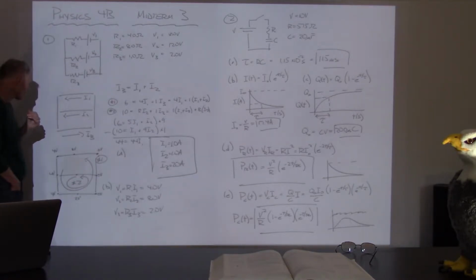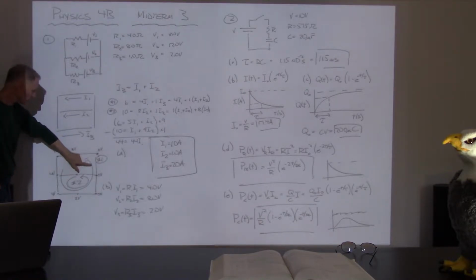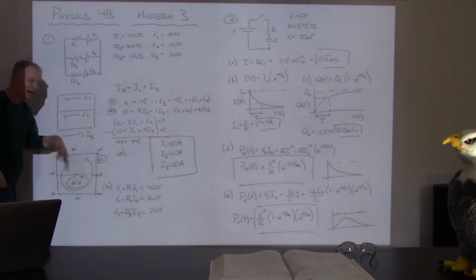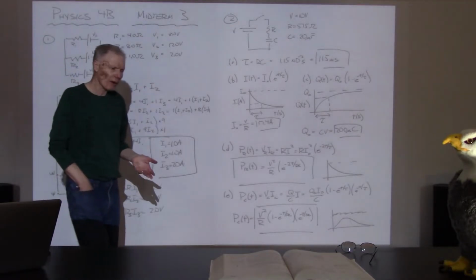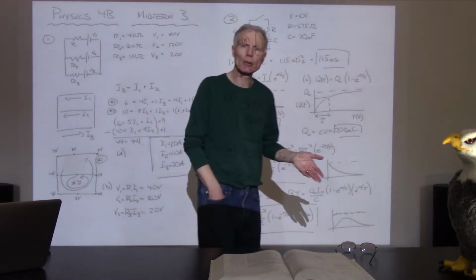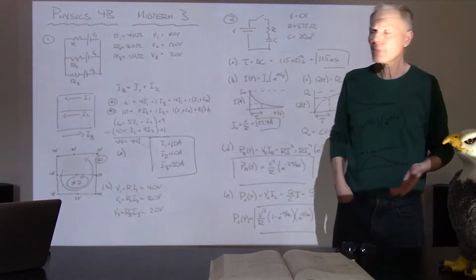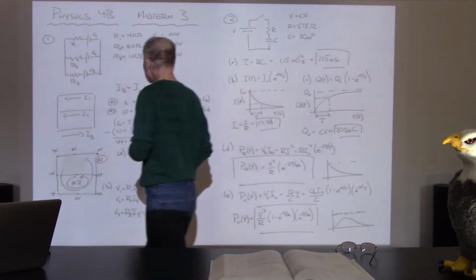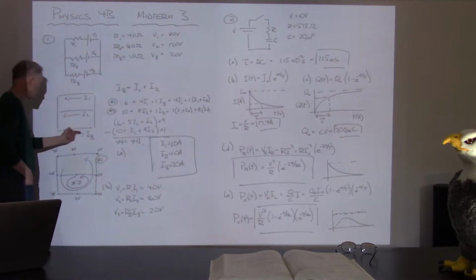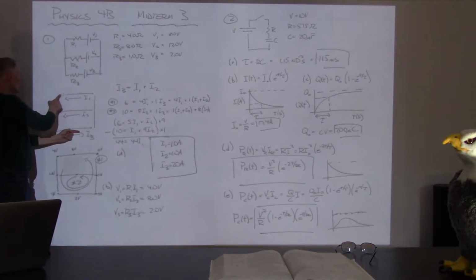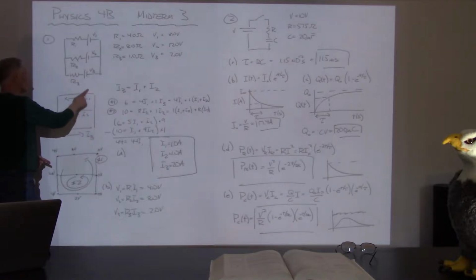Now, I need to come up with some loops, and the loops I chose were these. Here is loop number 1, here is loop number 2. I like to set up the loops in a way where the loop is following the direction of the currents. So with current 3 coming back in this other direction, I decided to pick loops that would go all the way around, the first one.